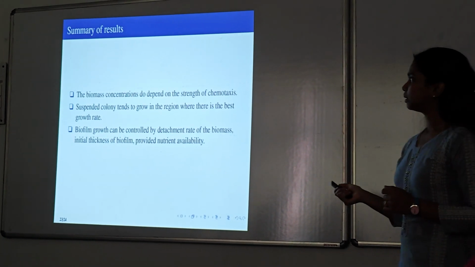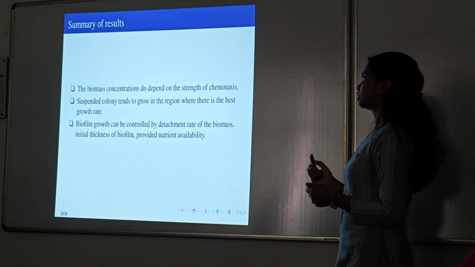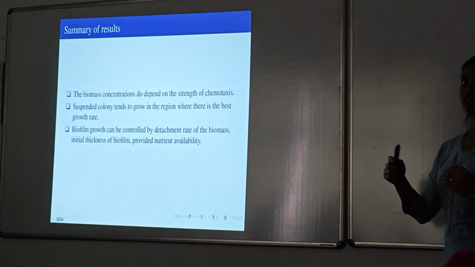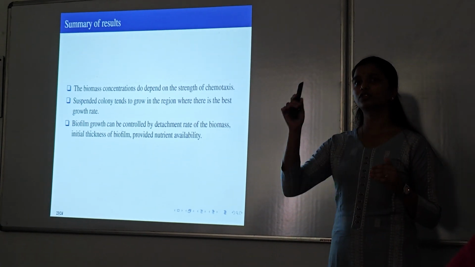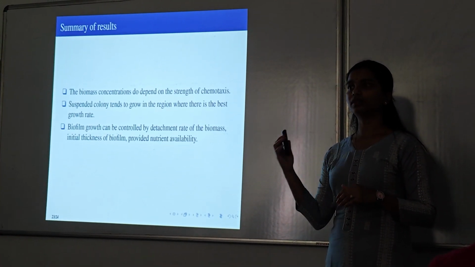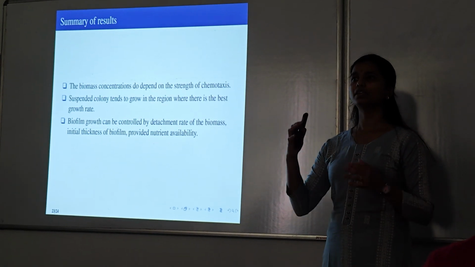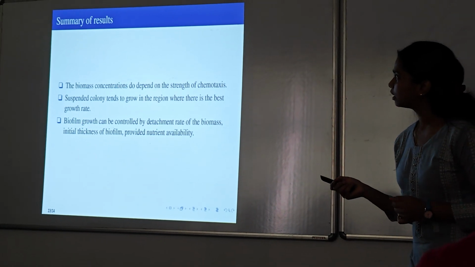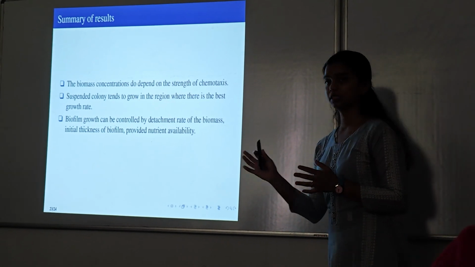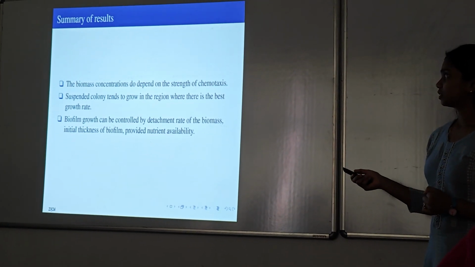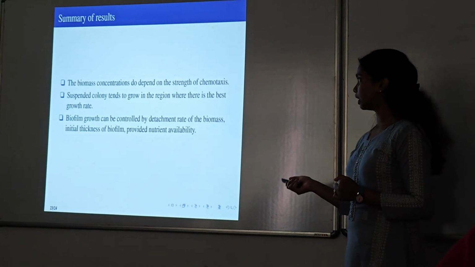The summary of the results is that the biomass concentration does depend on the strength of chemotaxis, because when we change the chemotaxis strength, we see nice patterns, nice accumulation happening somewhere in the middle. The second result is that the suspended colony, that is the planktonic, tends to grow in the region where there is the best growth rate.